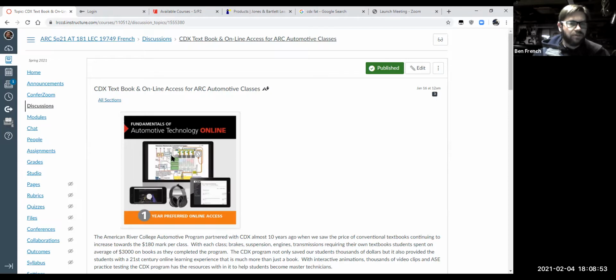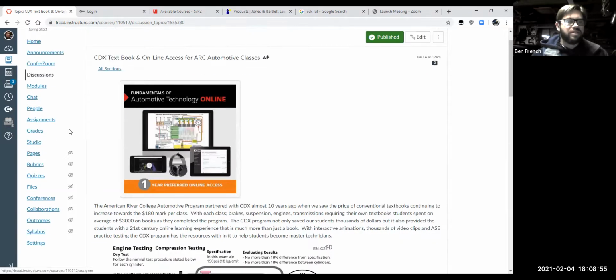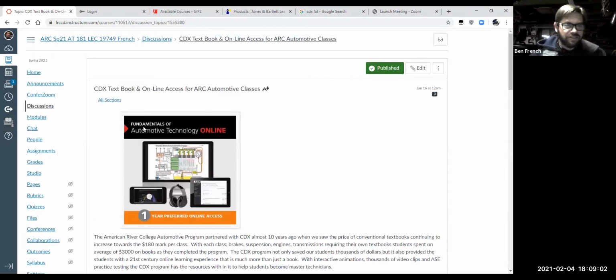It's pretty cool. In fact, it's really powerful when it comes to the electrical section. Initially I made all kinds of stuff using CDX, and then I had to scale it back because I had to say, timeout. This is only a 1-unit class. You don't need to kill these guys. But as you know, I'm pretty passionate about this stuff. There's just so much cool stuff, so we'll look at that a little bit later.